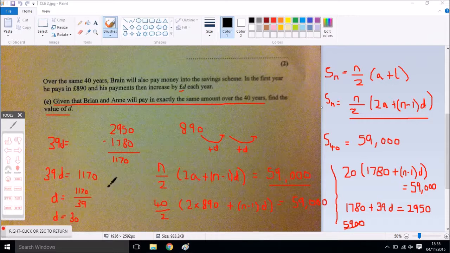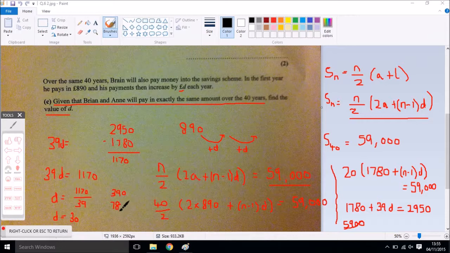It'll be 30 lots. As I was saying before, if you go up in lots of 10, 39 times 10 is 390. That's 10 lots. Double that will give you 20 lots, so doubling that will give you 780.